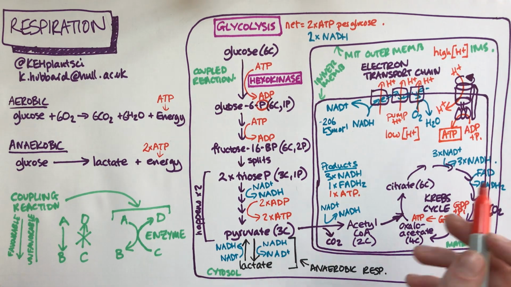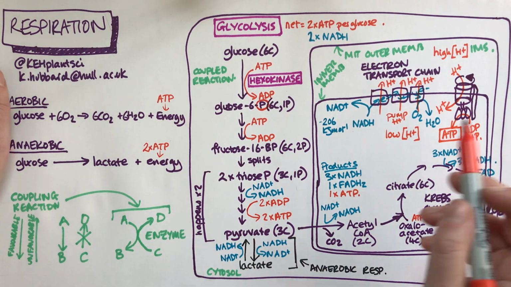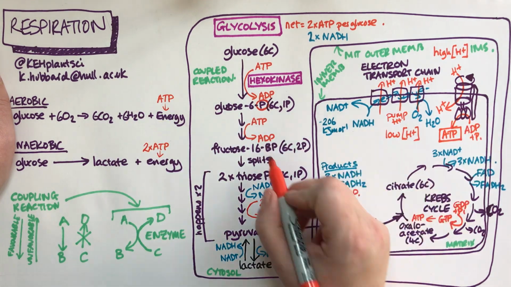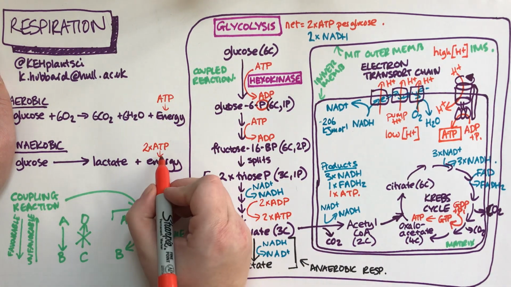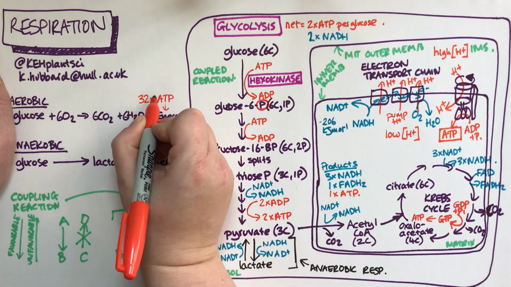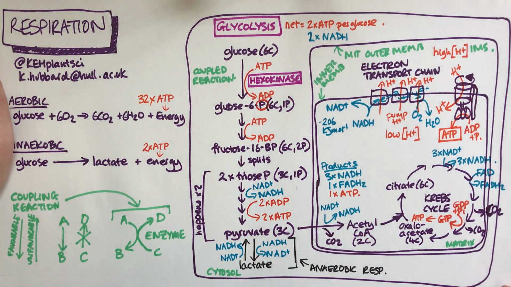So with all of that, it is really complicated. There's lots of little steps in there. But as a result of going through all of the chemistry, instead of just getting 2 molecules of ATP out, we can get 32 molecules of ATP out if we do aerobic respiration.